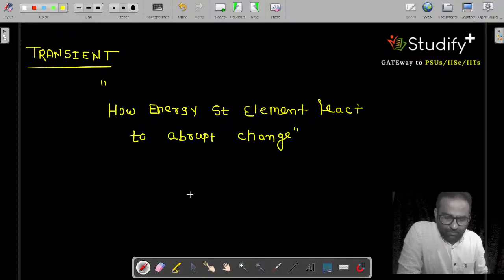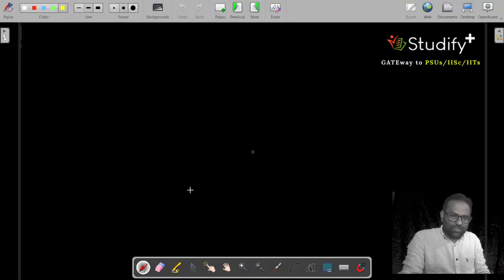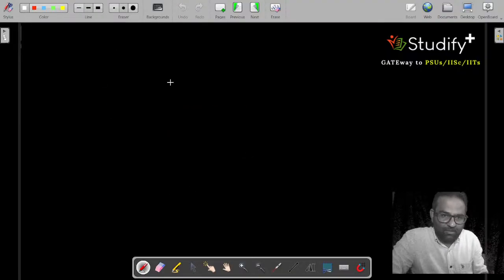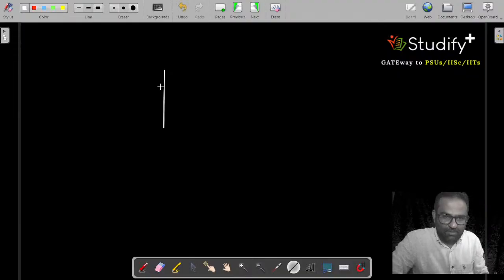Fine. So the total response of the circuit: let's say this is an electrical circuit with energy storing element.